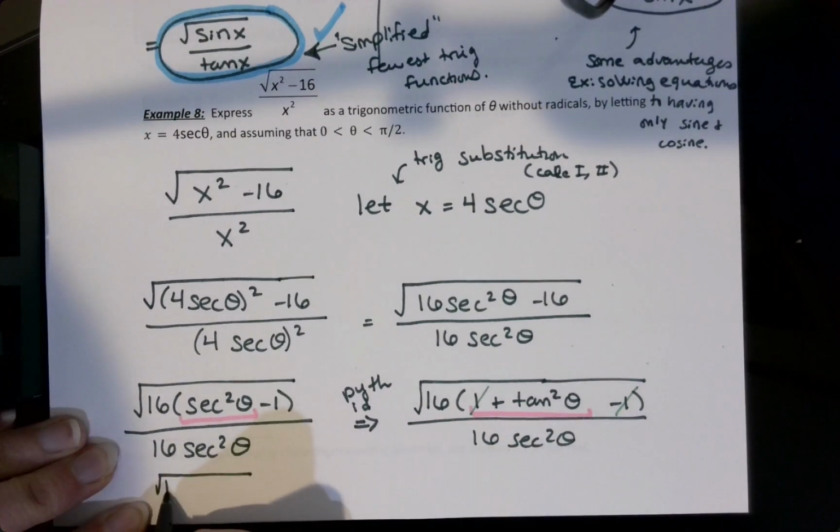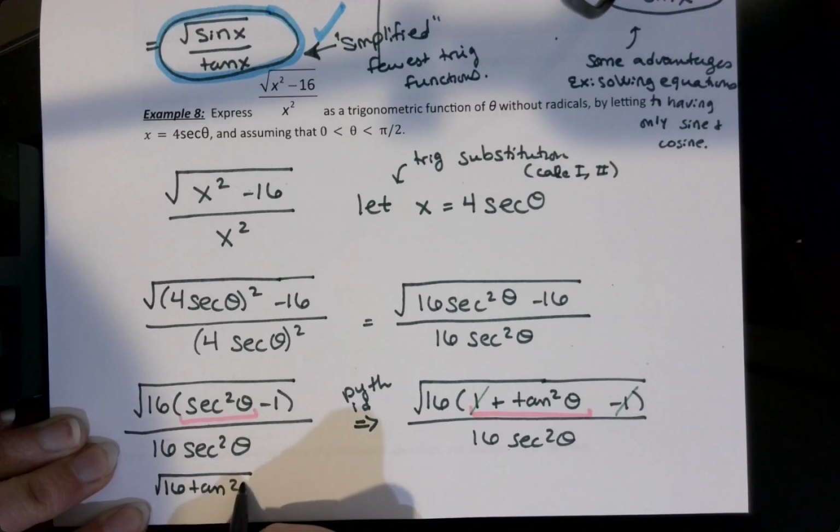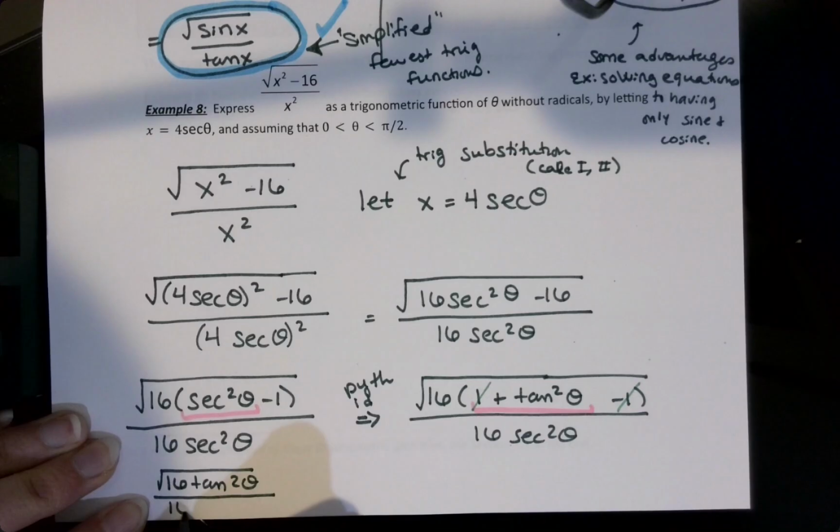And we're over 16 secant squared theta. This can be reduced because we know that 4/16 reduces to 1/4. So now we have tangent theta over 4 secant squared theta.